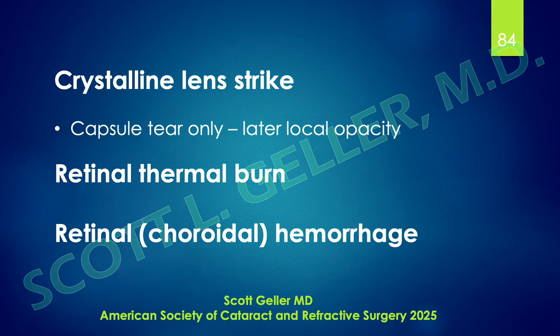Anyway, the bottom line is that that did not happen. The crystalline lens, or capsule strike, I should call it, actually created some Elschnig spheres locally, and the whole lens was not opacified.